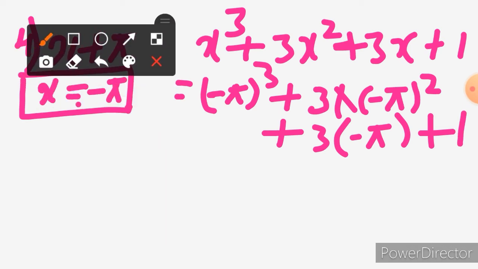Now I'll solve the powers over here. I told you, always for negative numbers, if the power is odd, you will get minus of that number itself. So it will be minus pi cube.